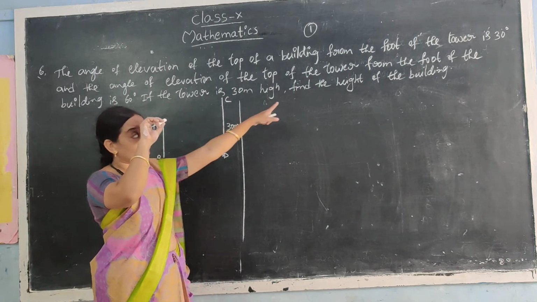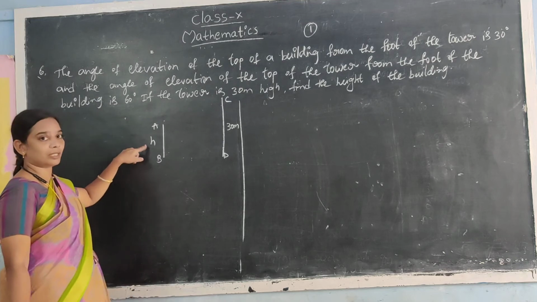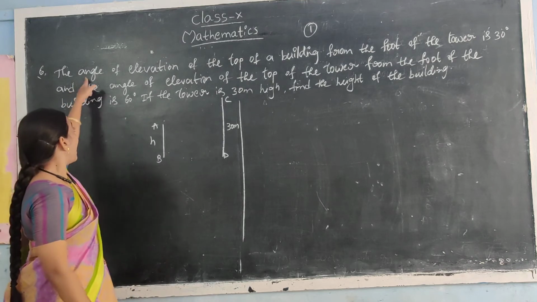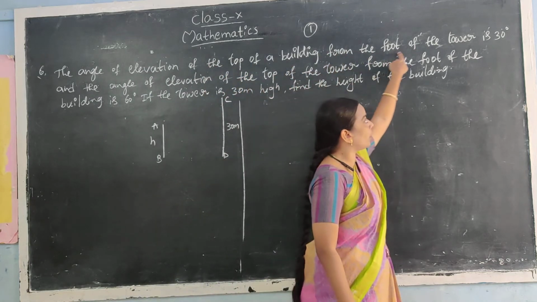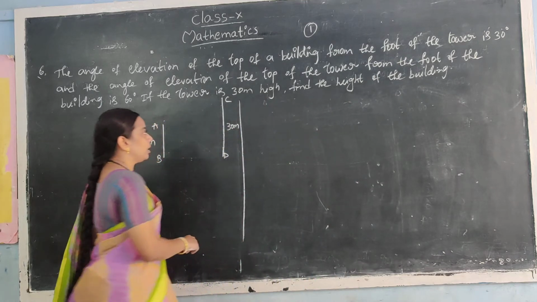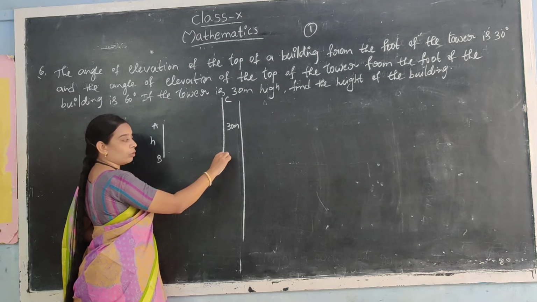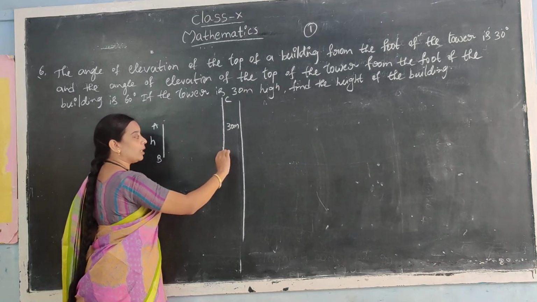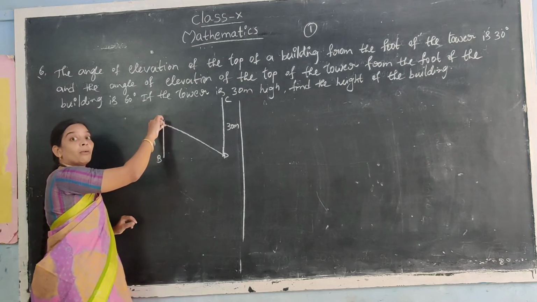Now we want to find the height of the building, so that is h. Now we want to calculate this h. Now, the angle of elevation of top of a building from the foot of the tower. So the observer is near the foot of the tower. From the foot of the tower, the angle of elevation is formed to the top of the building.